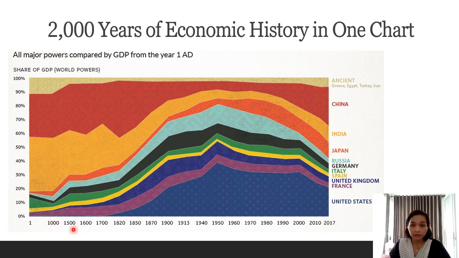And then the second part, mercantilism and colonialism, begins from 1500 until 1800 AD. It is the rise of the European colonial powers, exploration of new territories, and the establishment of mercantilist economic policies.